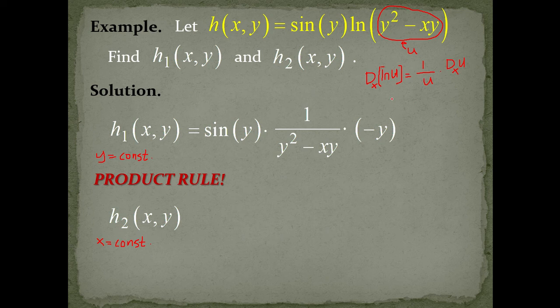Again, like in our previous example, we have to use this formula, the derivative of u times v. This is the product rule.